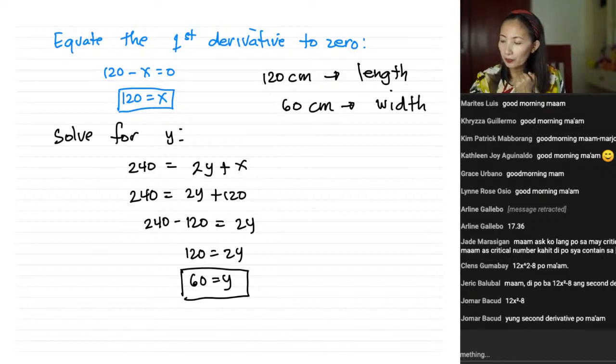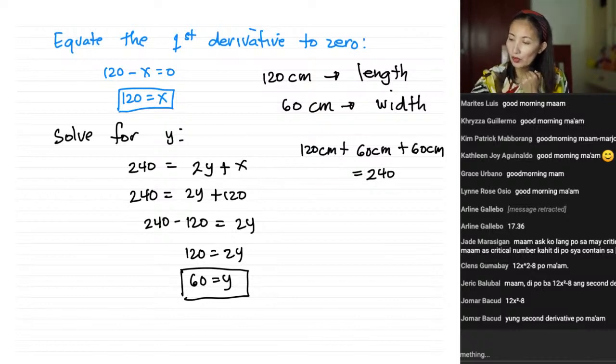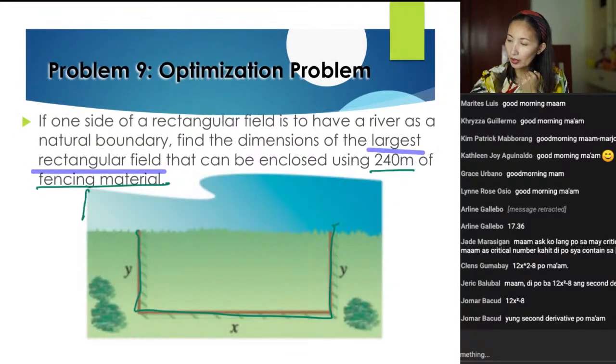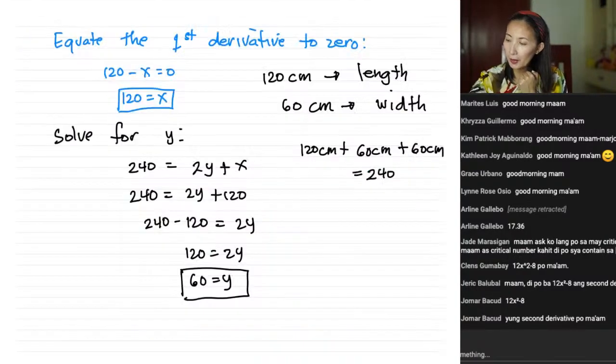If we check, 120 cm plus 60 cm plus 60 cm is equal to, correct, 240 cm. Was it cm? Checking the given, it's meters. Okay, 240 meters. This is supposed to be meters.